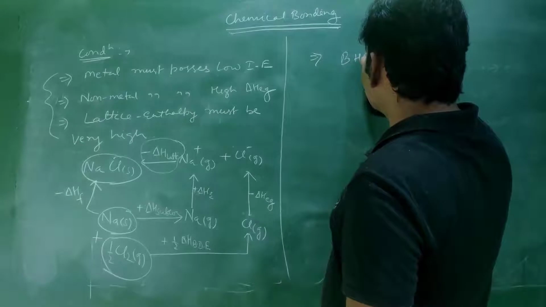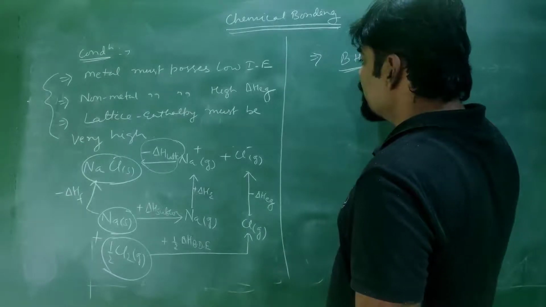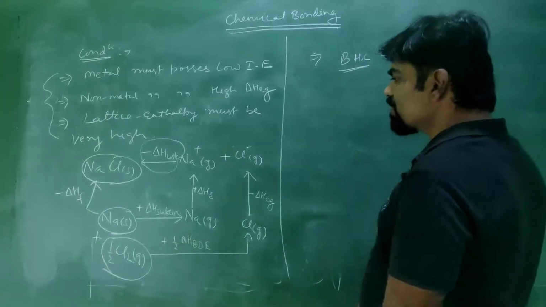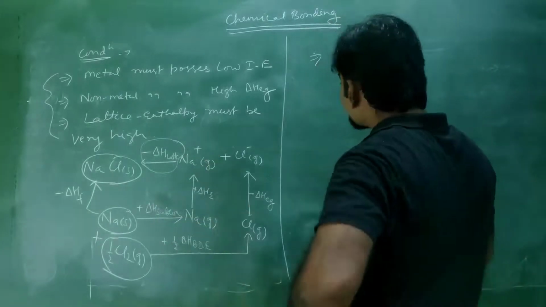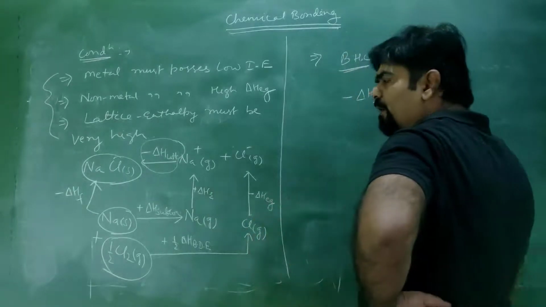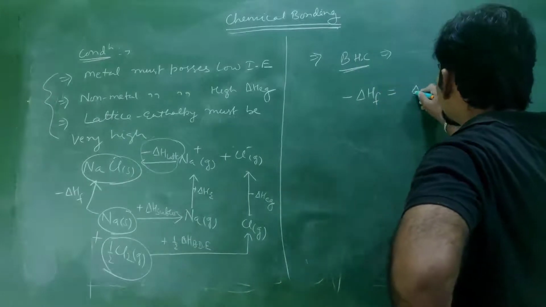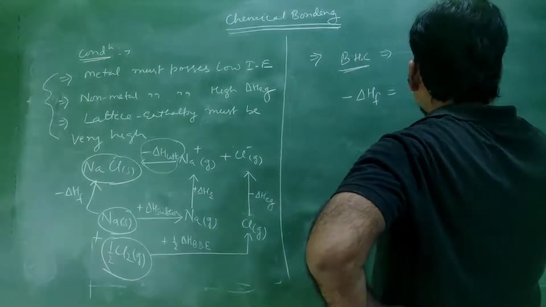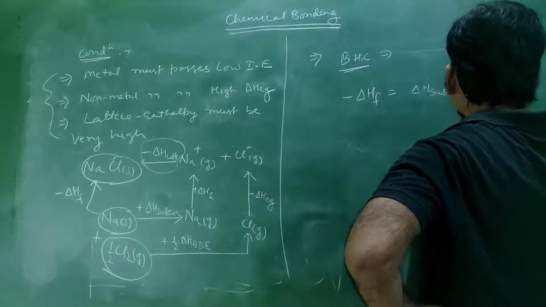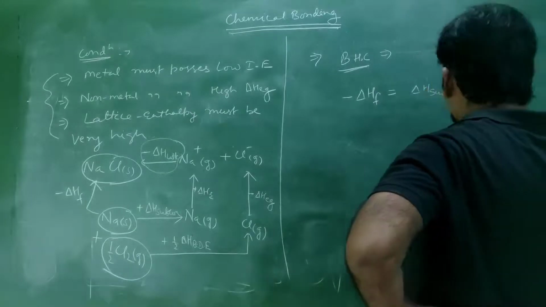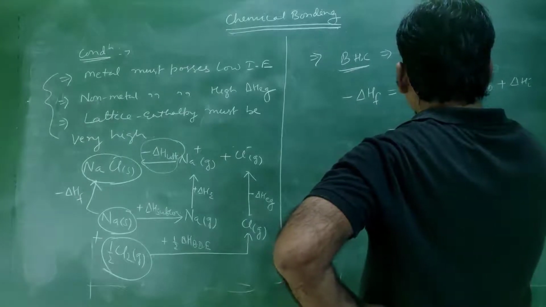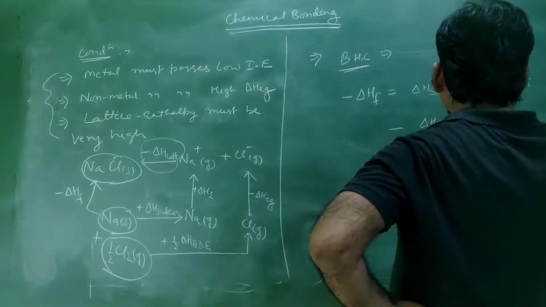So according to the Born-Haber cycle, an ionic bond is formed by covering a cycle itself, which consists of all sorts of energy. If you see this, the enthalpy of formation of an ionic compound is equal to the enthalpy of sublimation plus half of the enthalpy of bond dissociation plus ionization enthalpy minus electron gain enthalpy minus lattice enthalpy.